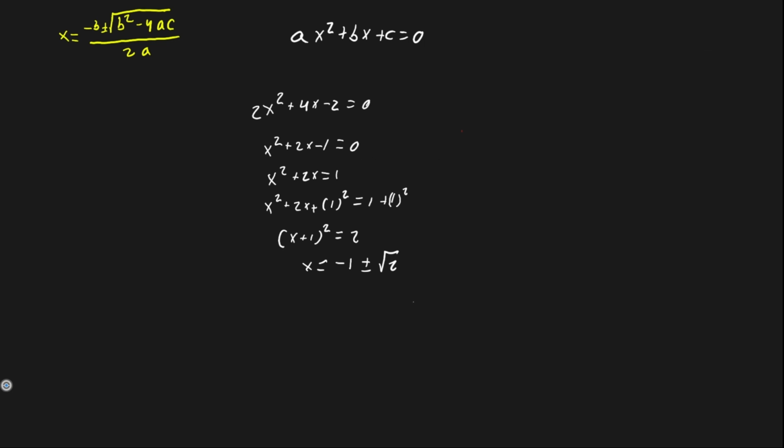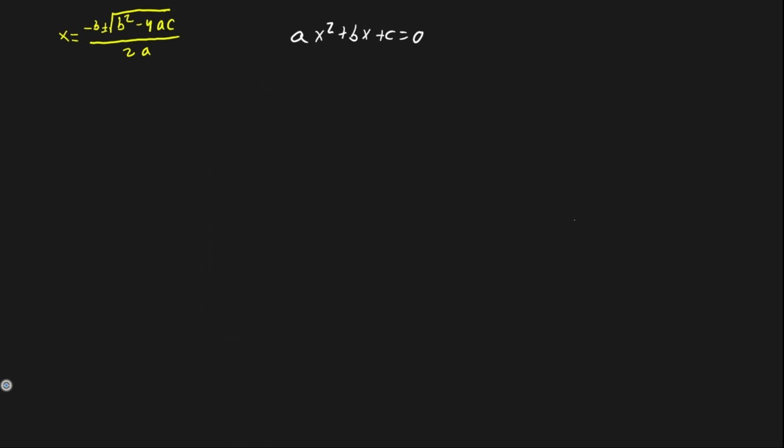And if you are curious why it's called completing the square, I will go ahead and show you an example, and I'll show you geometrically how we complete the square. So we have x squared plus 4x is equal to 12.